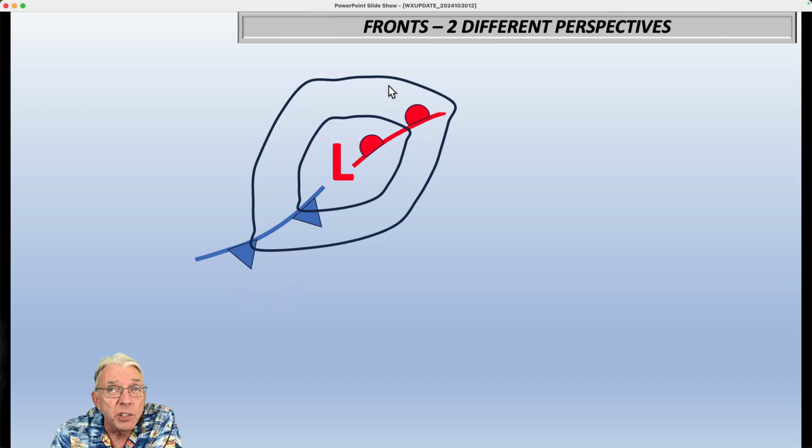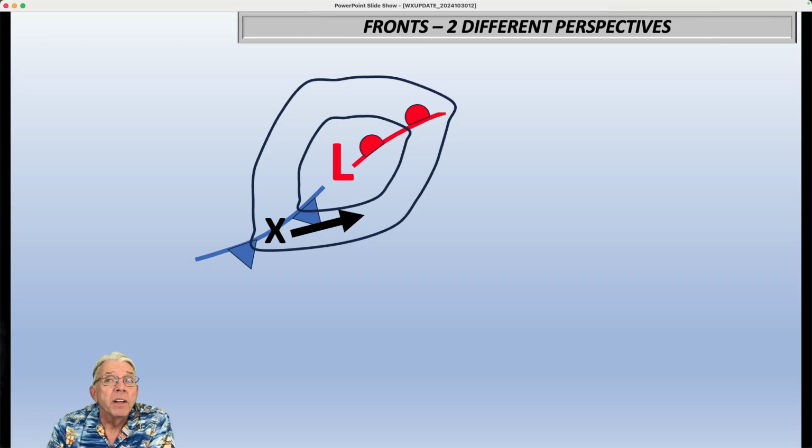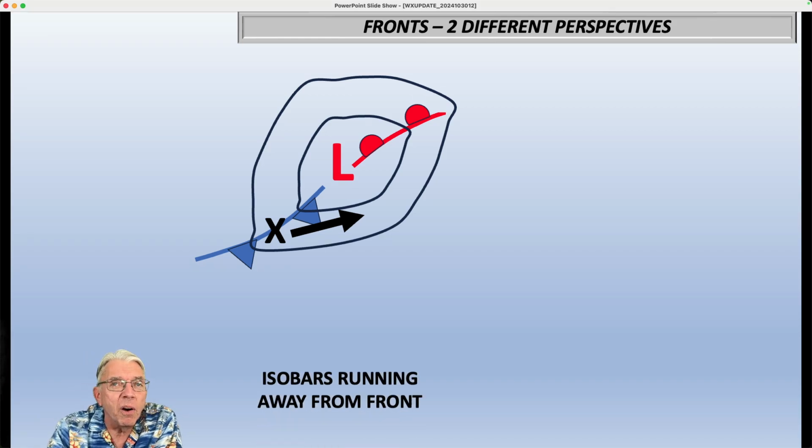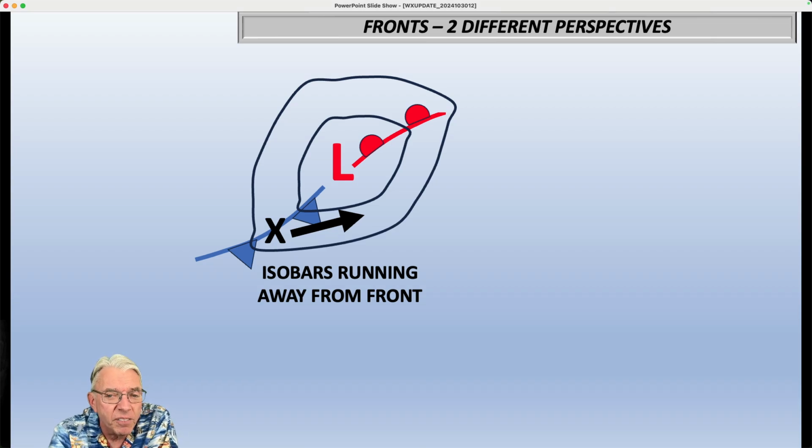Warm air is advancing northward here, cold air is advancing southward here. So supposing we're in this location and the wind is basically blowing like this, then I call that isobars running away from the front, okay?